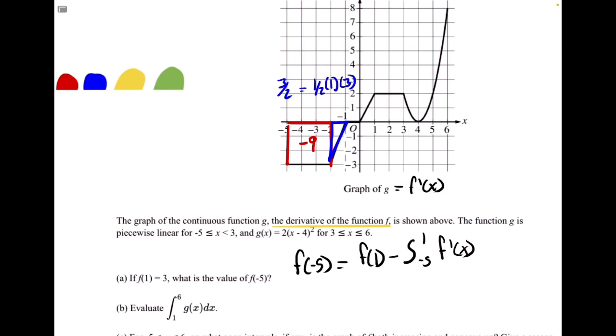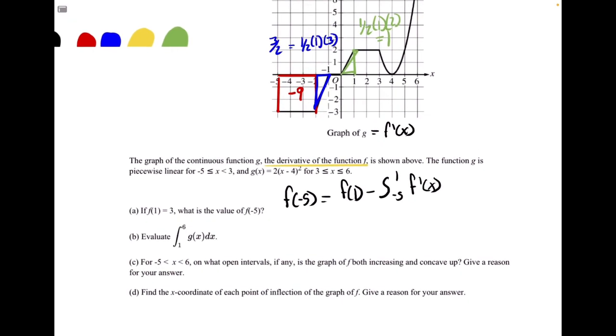And for this last little triangle, it's around the same thing, except the base is 1 and the height is 2. So this would just give you 1.